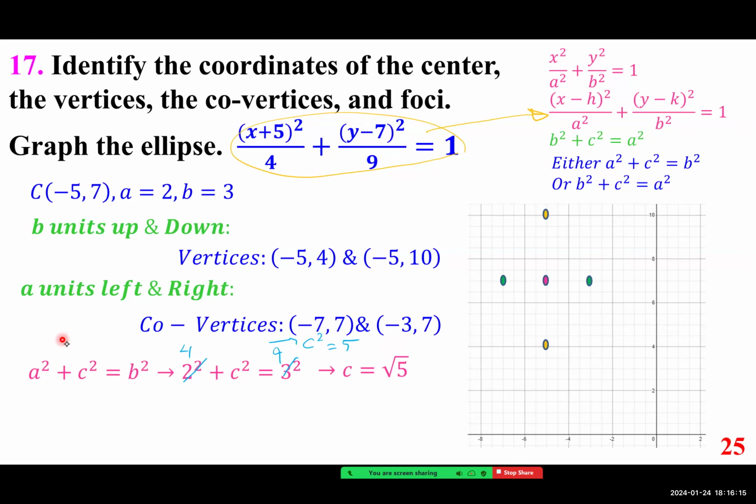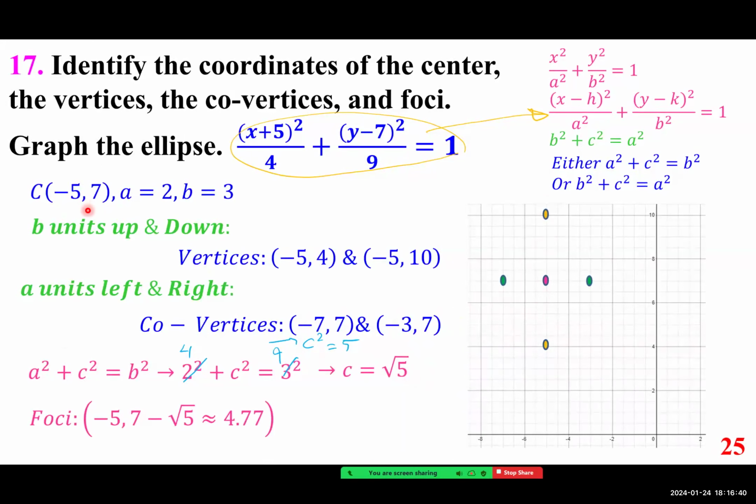Because it's elongated along the y-axis, and those are the vertices, the foci are also along the same line. So from the center, you go up by the square root of 5. That would be one of the foci. From the center, you go down by the square root of 5, and that's the other one.